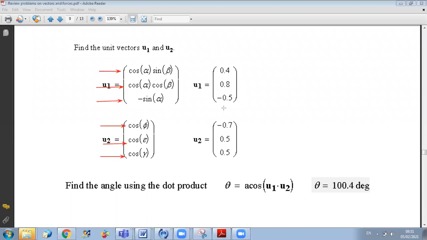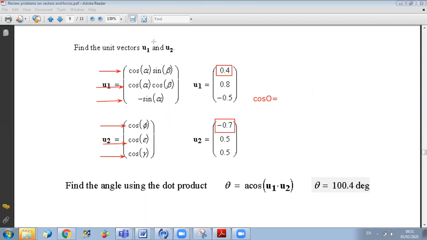So now I do the calculation. Once I do the calculation, I can say that cosine of theta is equal to, I multiply the x component of the first vector by the x component of the second.